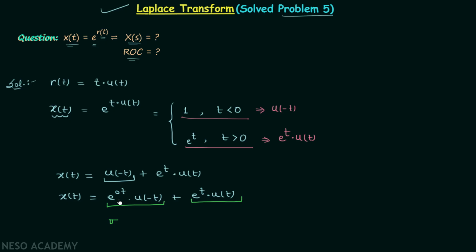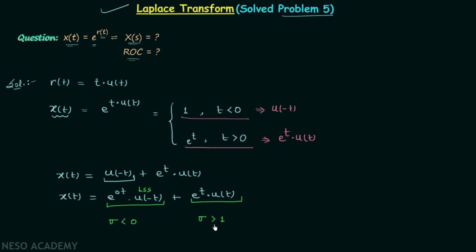Here we have the real part equal to 0, so we will compare sigma with 0, and we will have a less than sign between sigma and 0, because we have u(-t) here, and we know u(-t) is a left-sided signal, and whenever we have a left-sided signal, we have a less than sign between sigma and the real part of the coefficient of t. So this is our region of convergence for this signal, and following the same process, we will have sigma greater than 1 as the region of convergence of this signal.